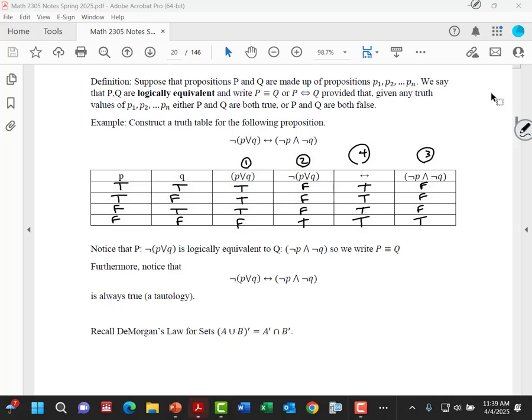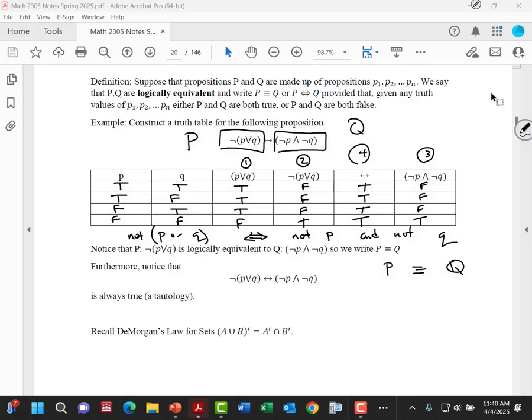Okay? So notice that not P or Q, that's what this is saying right here, is logically equivalent to saying not P and not Q. And so we simply say P is logically equivalent to Q, where this right here is what I'm calling P, and this right here is what I'm calling Q. And if we think about it, it makes sense.